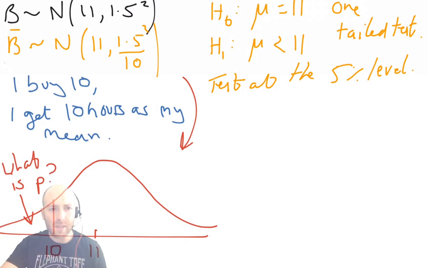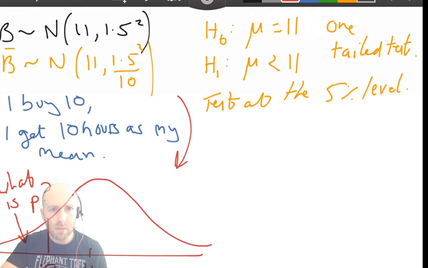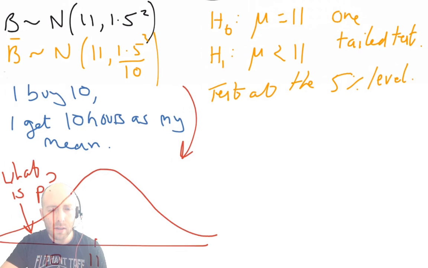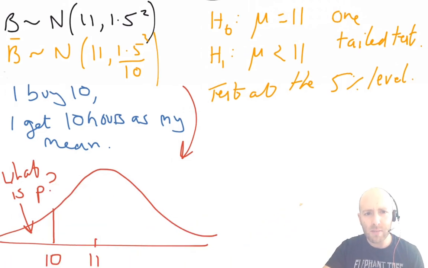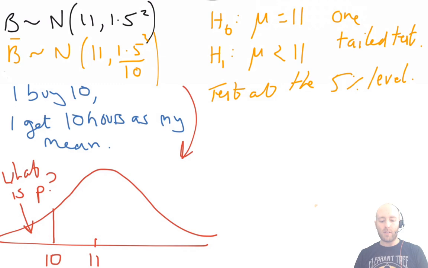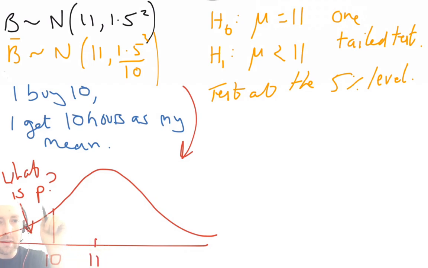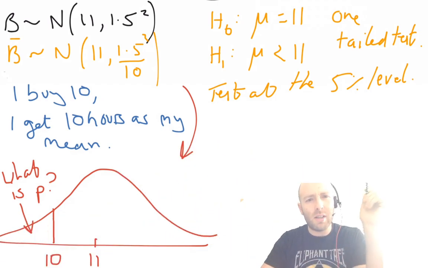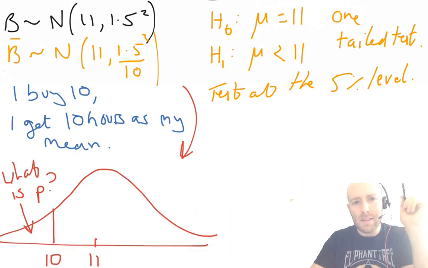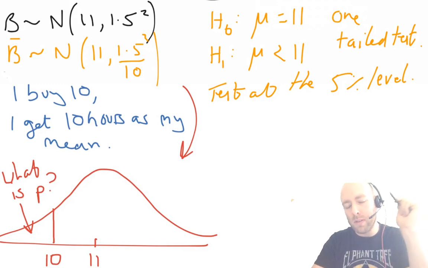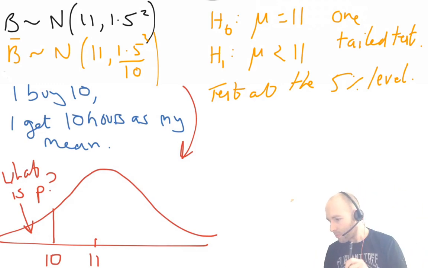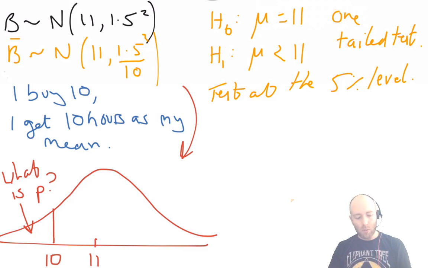And because I'm testing at 5%, if this probability comes out at less than 5%, what that says to me is that given a mean of 11, how likely is it to get 10? And if it's less than 5% likely, that's quite unlikely. It means that the mean probably isn't 11 with the iPhone. So we need to find out what that area is.